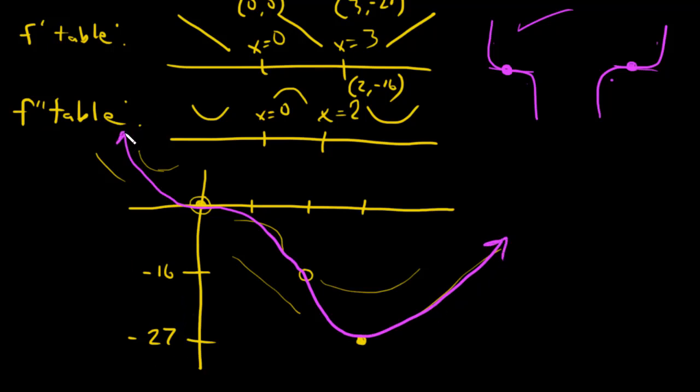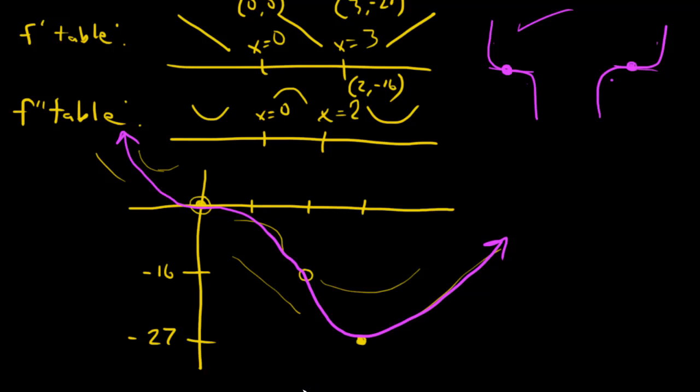So this is a horizontal slope. It's also transitioning from concave up to concave down. This is a point where it's transitioning from concave down to concave up. And this down here is a min. And so that is how you graph this function all at once.